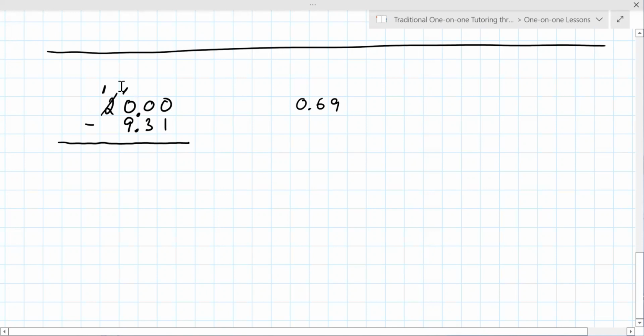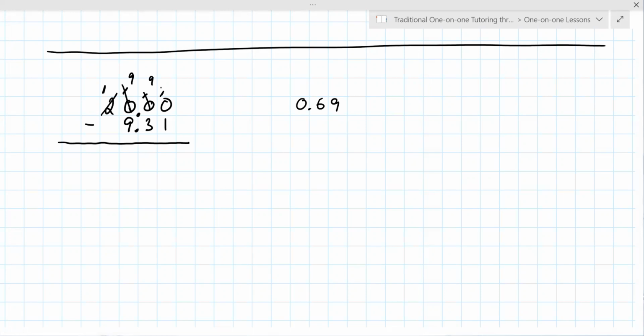So you're really borrowing from this 10. This 10 becomes 9, and then you put a 1 there. So my guess is you made a mistake with borrowing. Could you give this one a try from this position? Just look at it one more time.